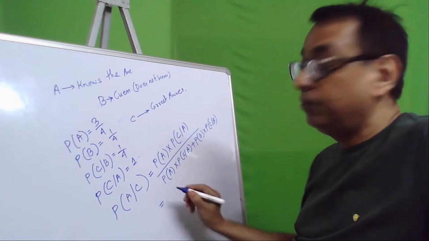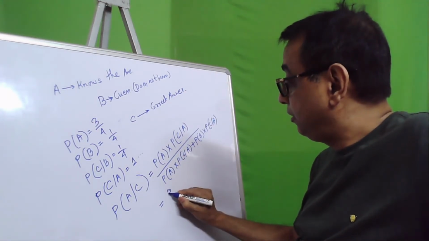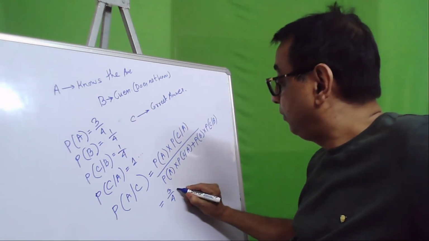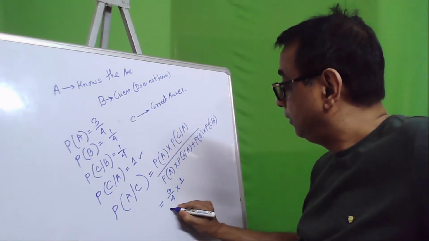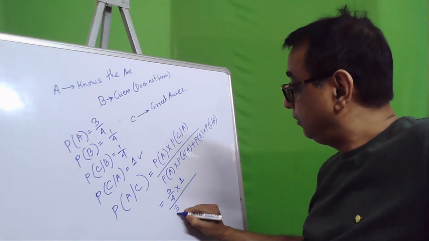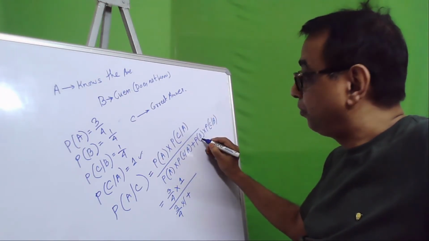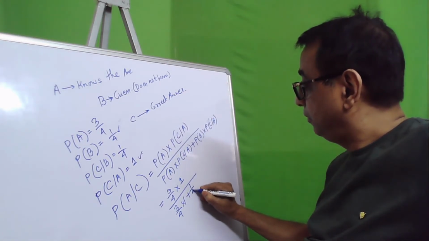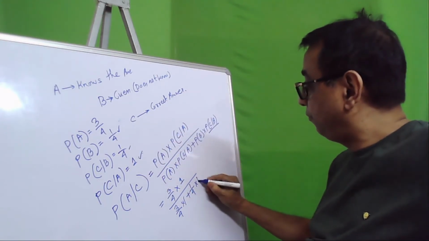Now let us put these values. So probability A is 3 by 4, and the probability of C given A we have found 1, divided by again 3 by 4 into 1 plus probability of B is 1/4 into probability of C given B, which is given as 1/4.